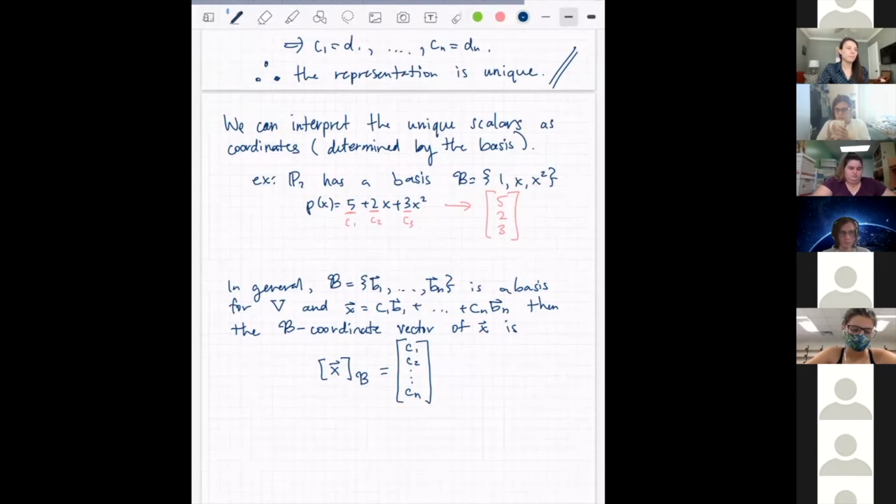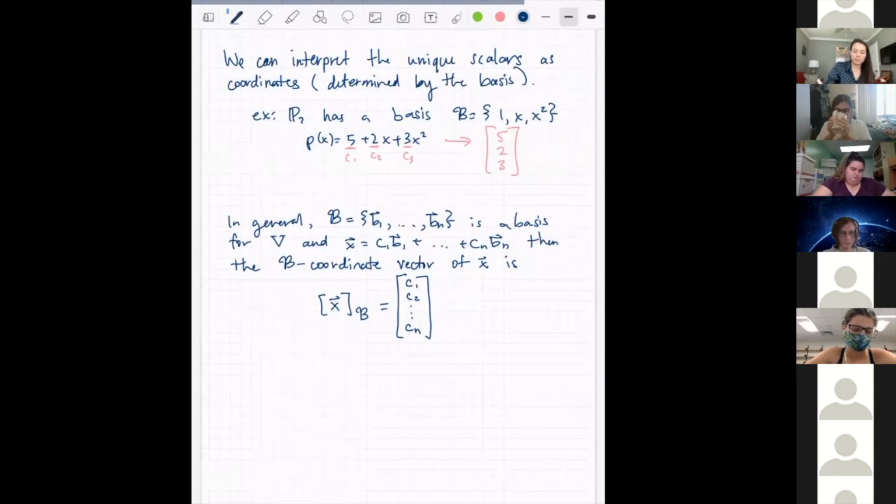Okay, so in terms of this example right here, we would write this P sub B. That's its coordinate vector.